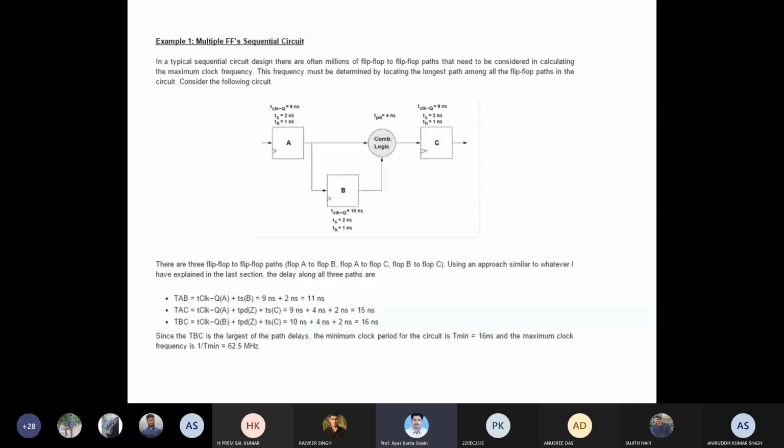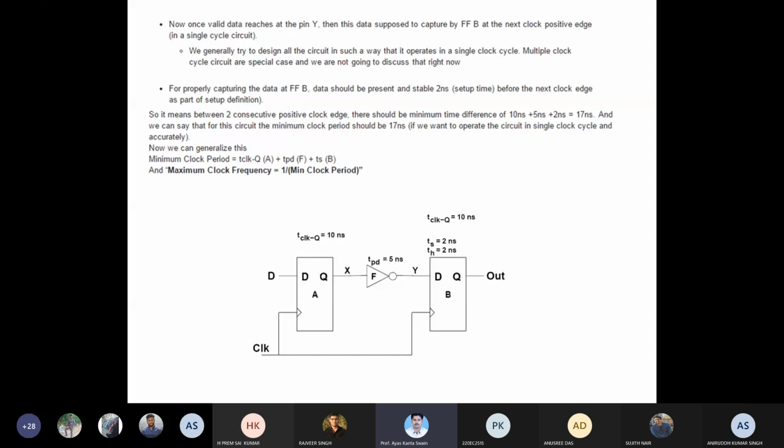The first formula we saw is that maximum clock frequency is equal to 1 by minimum clock period, where minimum clock period is equal to the propagation delay of flip-flop A plus the propagation delay of the combinational design plus the setup time of flip-flop B.